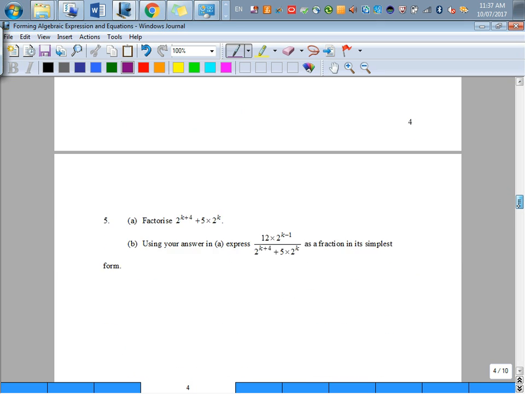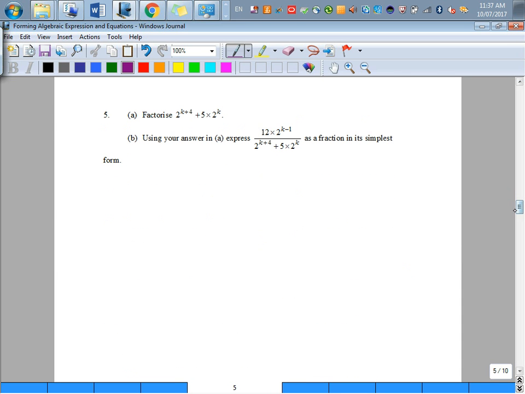Wait. Question 5, part A, answer is 2 to the power of k times 21. Okay, now part B. Class. Part B. Using our answer in A, we need to express this as a fraction in the simplest form.